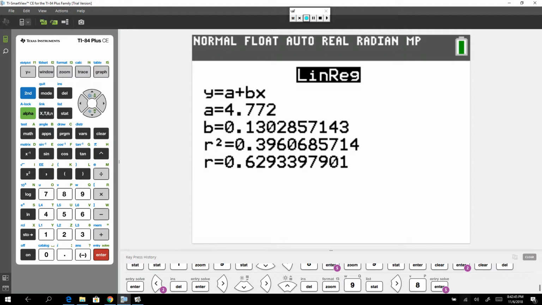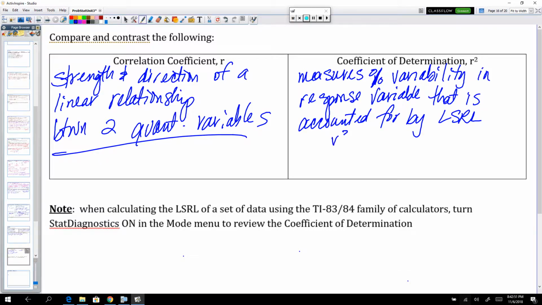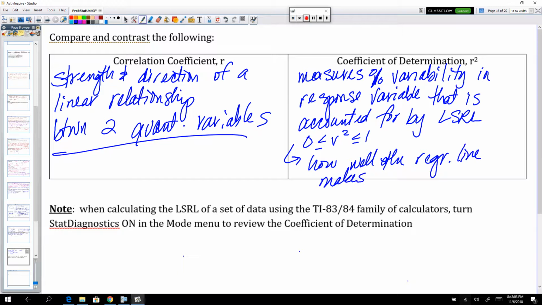So this is basically saying not a whole lot of the variability is accounted for by this model. It's not a great one, okay? So r squared is a value between 1 and 0. And this is basically saying how well the regression line makes predictions.